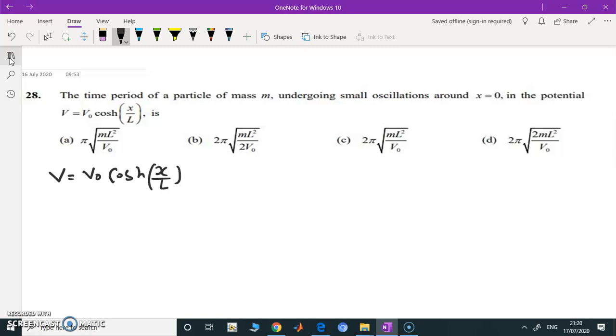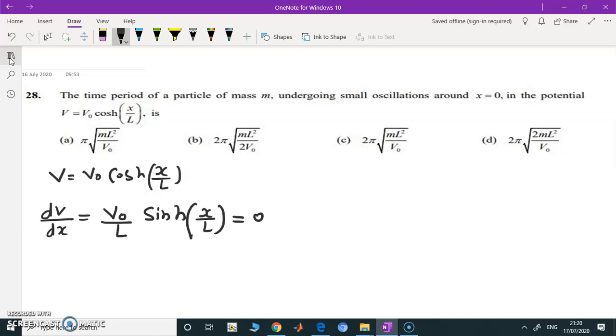Now our first job is to take the first derivative, dV/dx. That will be V0, and the derivative of cosh will be sinh(x/L), and now the derivative of x/L will be 1/L, so it will come here, and this is equal to 0 for calculating the equilibrium point.